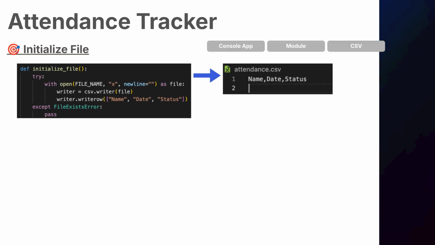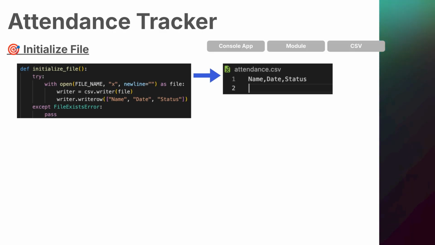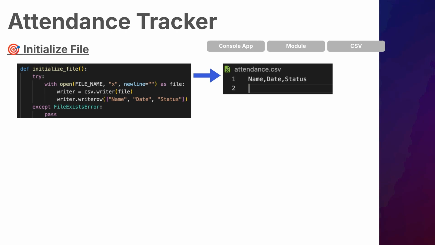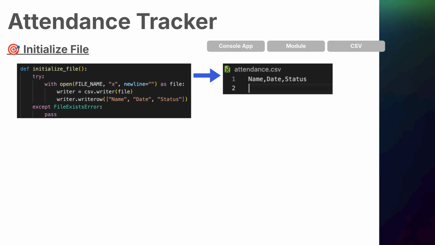You're learning how file creation works, why headers matter in CSV files, and how try-except can be used in a real practical situation. Once this setup step is complete, the program is ready to start interacting with the user. After this, we'll move on to the mark attendance function, where we actually collect input and save attendance records.